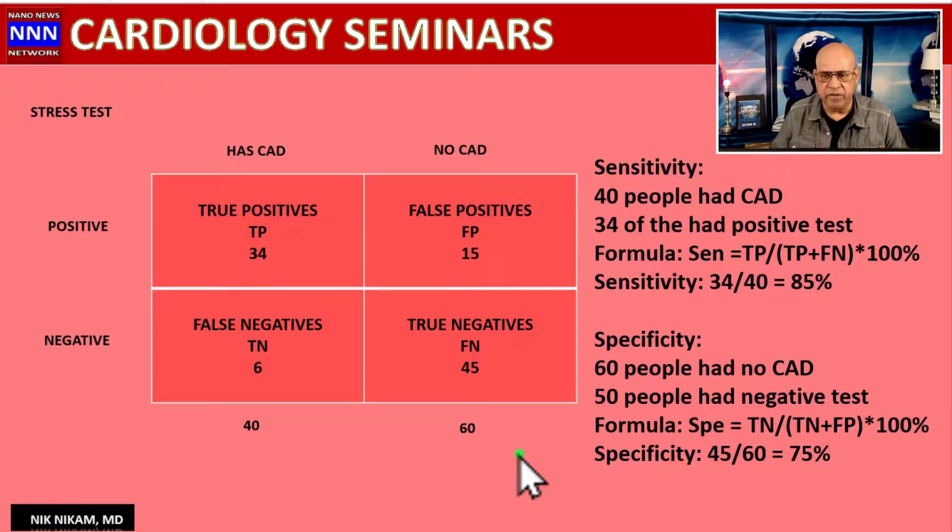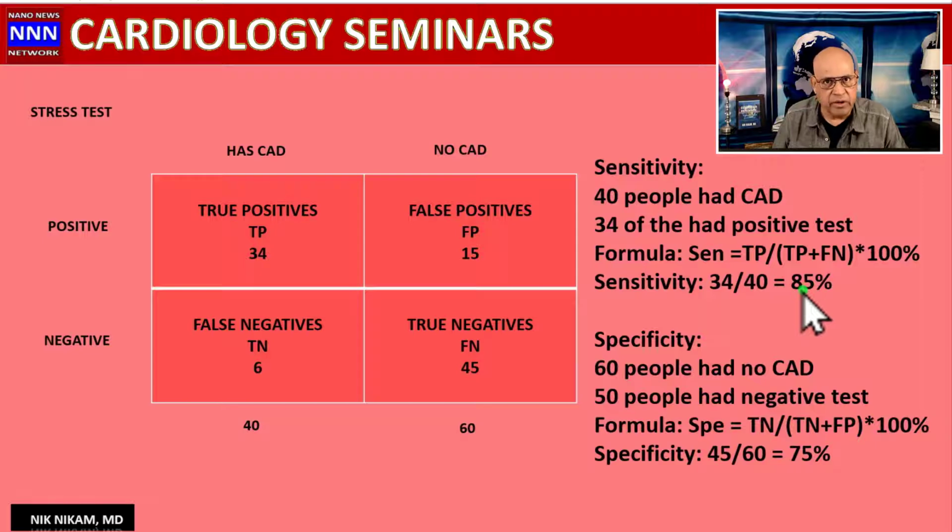And that is determined by the sensitivity. Here, people who had heart disease, we had a total number of 40 people, out of which only 34 of them had a positive stress test. So the sensitivity, the ability of the stress test to identify coronary artery disease in patients who have documented coronary artery disease, was 85%.